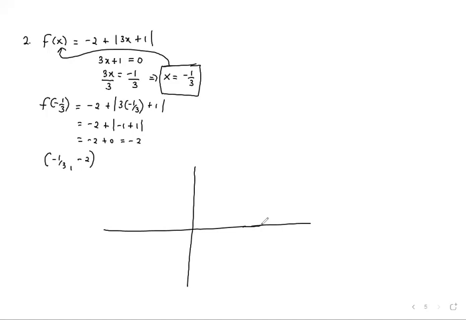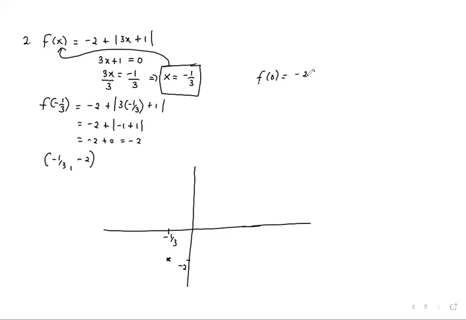So we can sketch. The starting point is known, -1/3, -2. So this is our starting point. So let's pick a number bigger than -1/3. Now, if we have a negative number, to your right you pick 0, so that you have an opportunity to also know the y-intercept.